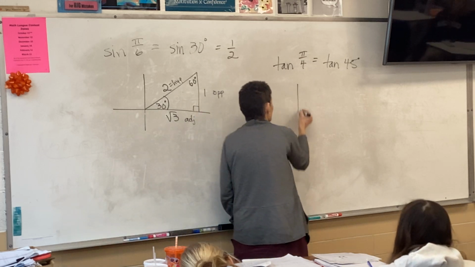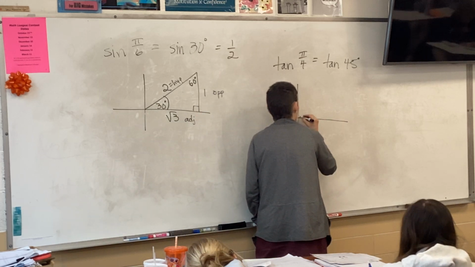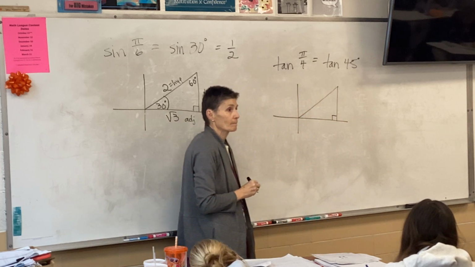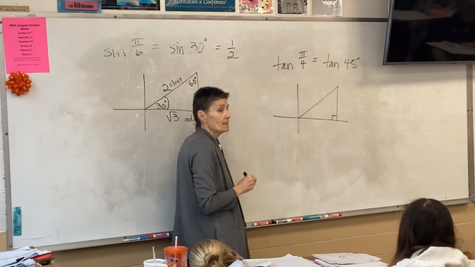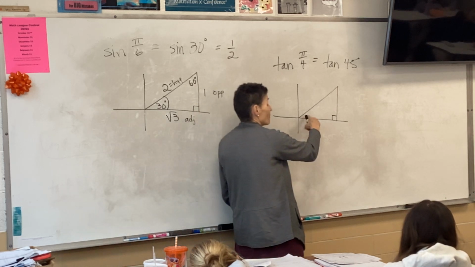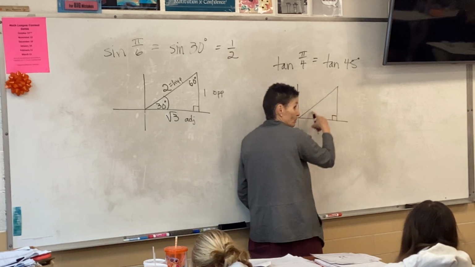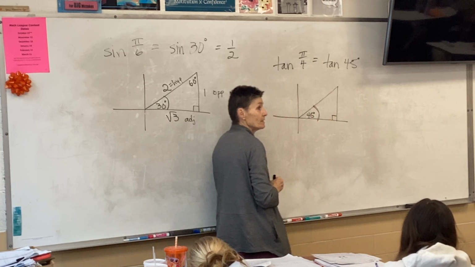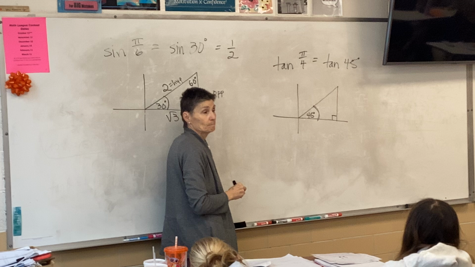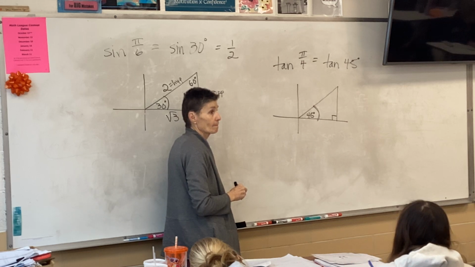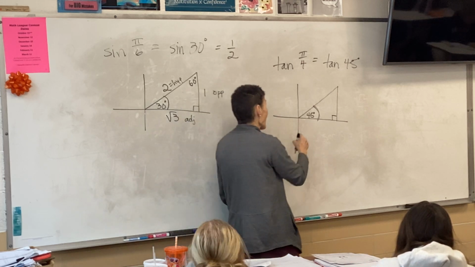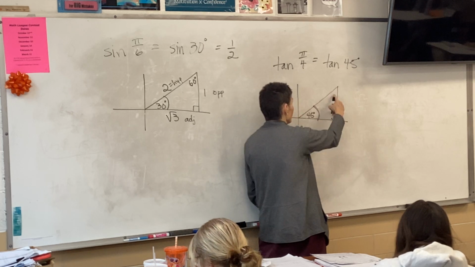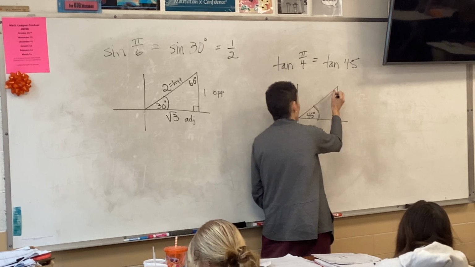We're going to draw the same picture that we've drawn in the last few problems. That's going to be our picture. And instead of putting theta here, I'm going to put 45 here. And that becomes my big important angle now. If that's 45 and that's 90, what's that one? 45.